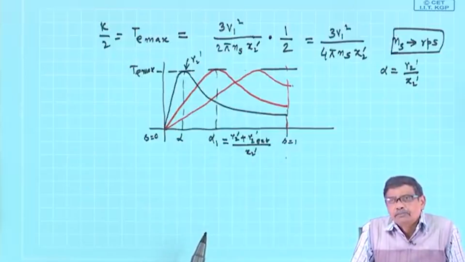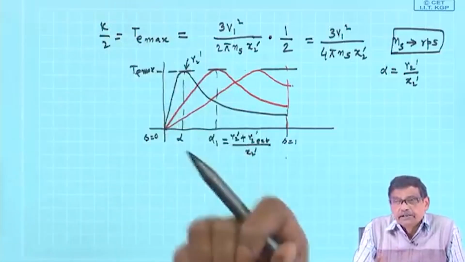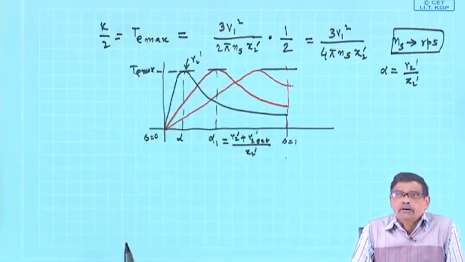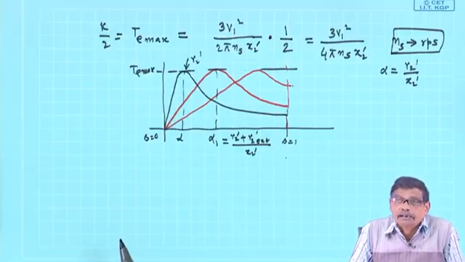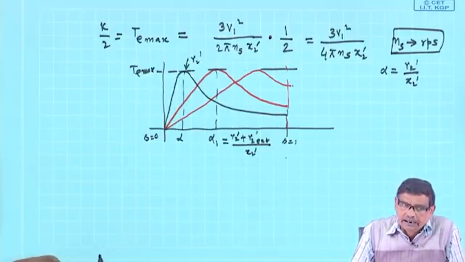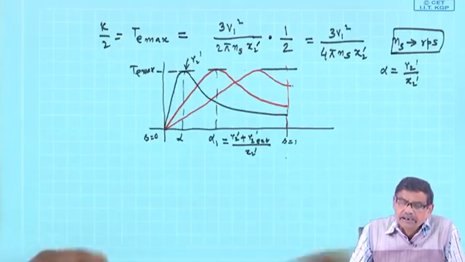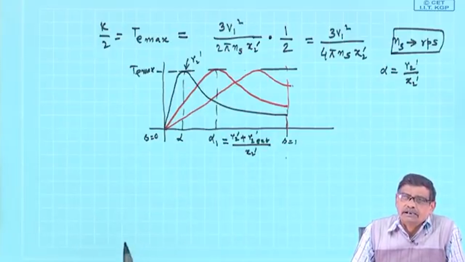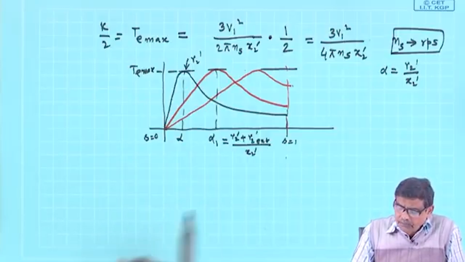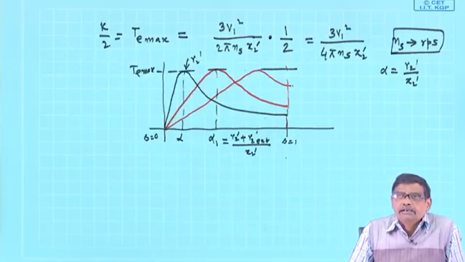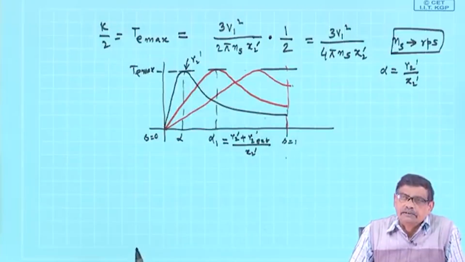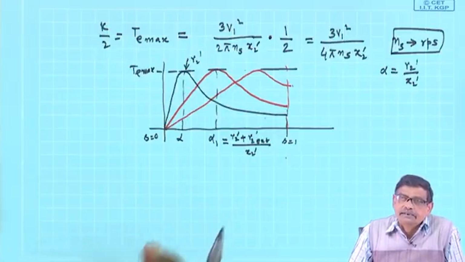What is the point of considering how much starting current the machine is going to draw when full supply voltage is applied across its terminal? To get an idea of that, you consider only rotor impedance, because R1 X1 is already small. Therefore, that will largely decide what will be the starting current drawn by the induction motor when full voltage is applied across it and the machine is stationary.